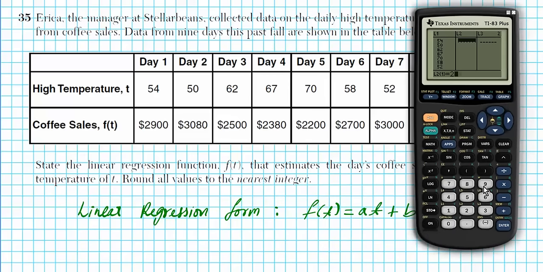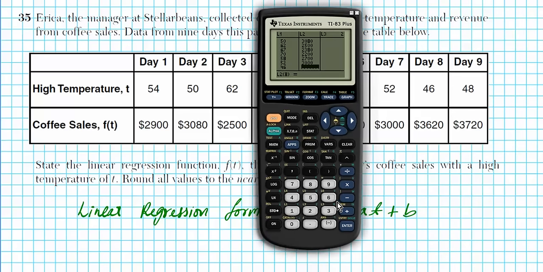So let's go to the second row, our function of time, our coffee sales values. All right, so we have 2900, 3080, 2500, 2380, 2200, 2700, 3000, 3620, 3720.